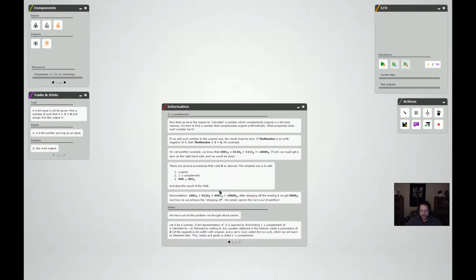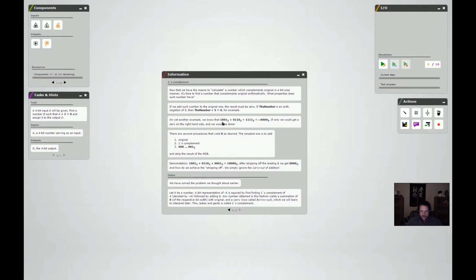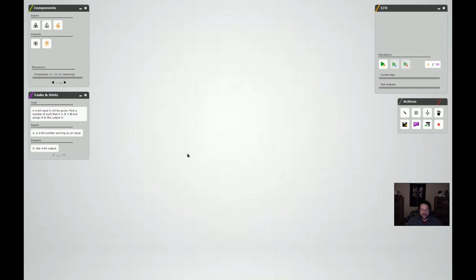So, do they have a picture here? Yeah, right. So they're essentially adding 1001 and 0110 to give us 1111, and then inverting that to give us 0000. So, yeah, we'll have to figure that out later. I haven't fully read that thing.